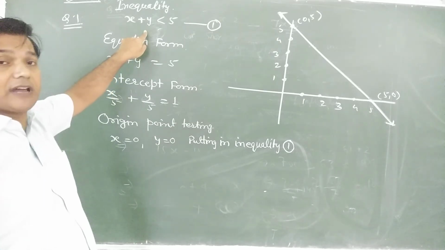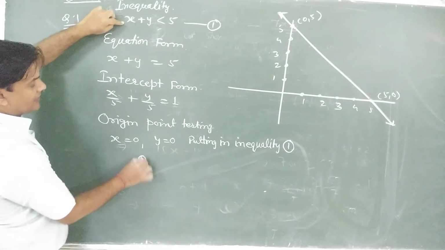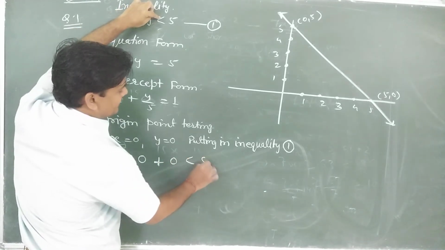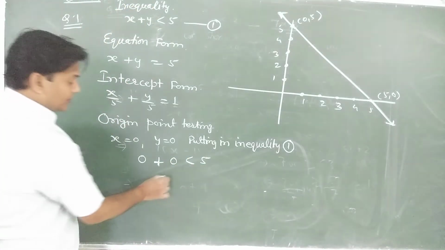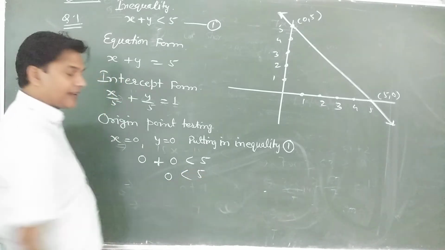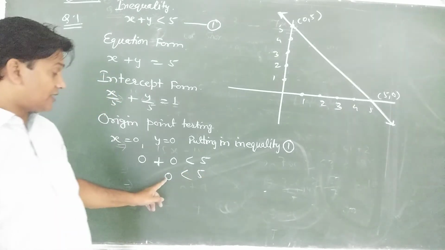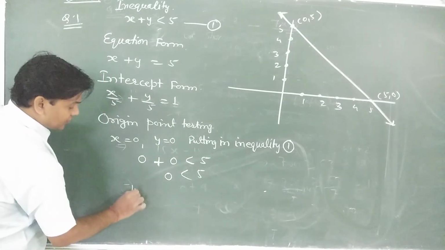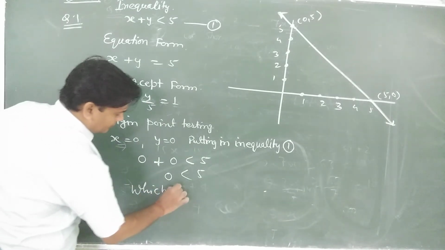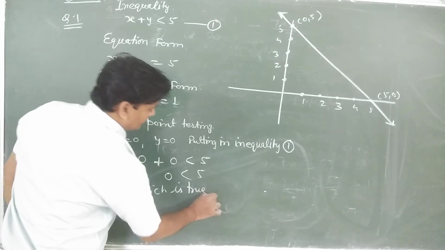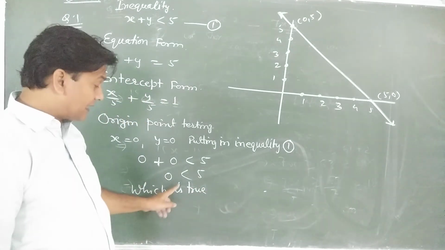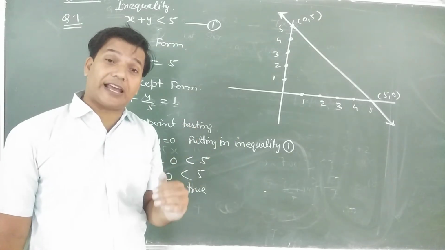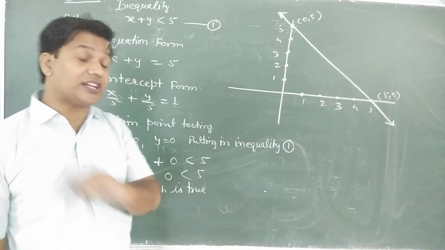So substitute the value of x 0 at this place and y 0 at this place, which is less than 5. The sum of these two is also 0, which is also less than 5, and we are saying that 0 is less than 5 is true. So which is true? If the statement is true, then the solution region exists always in the direction of the origin point.